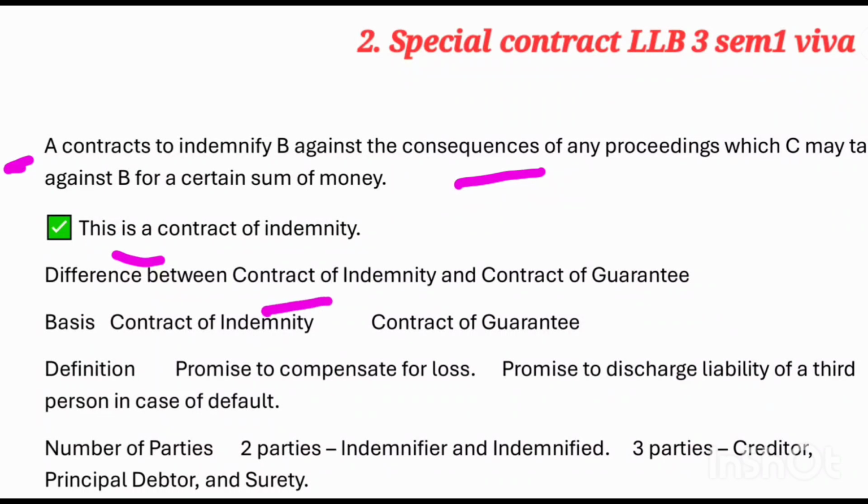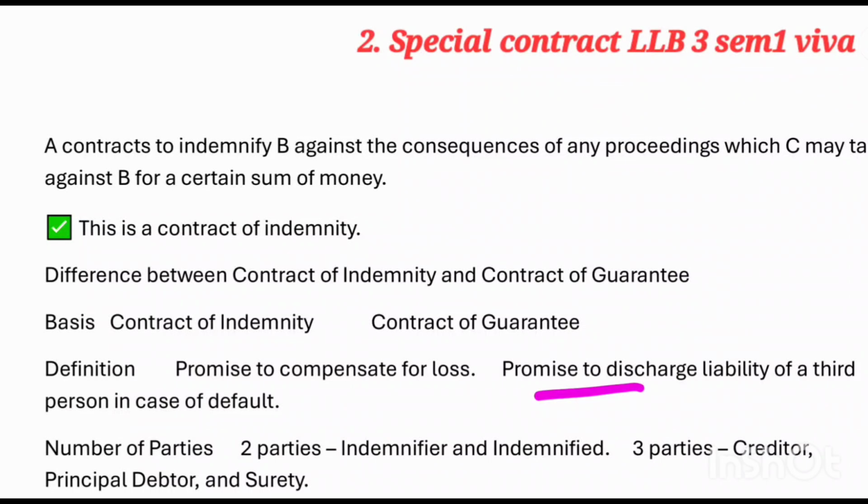Difference between contract of indemnity and contract of guarantee. Basis: contract of indemnity, contract of guarantee. Definition. Contract of indemnity is a promise to compensate for loss.